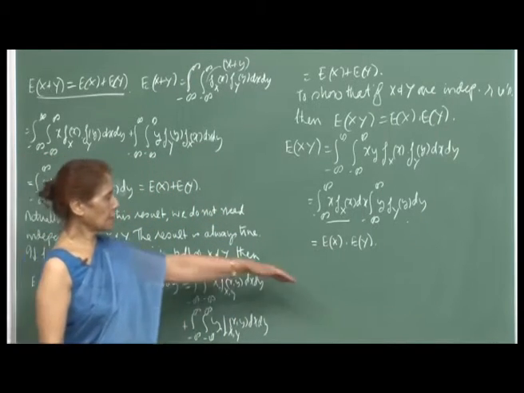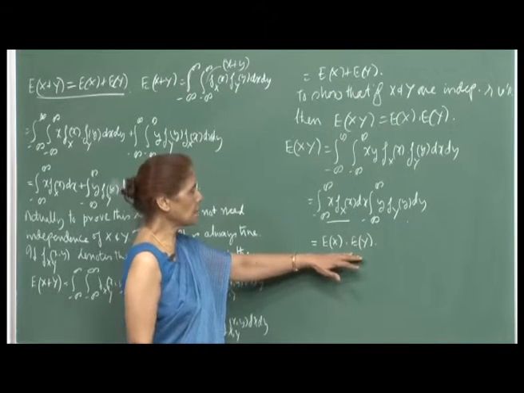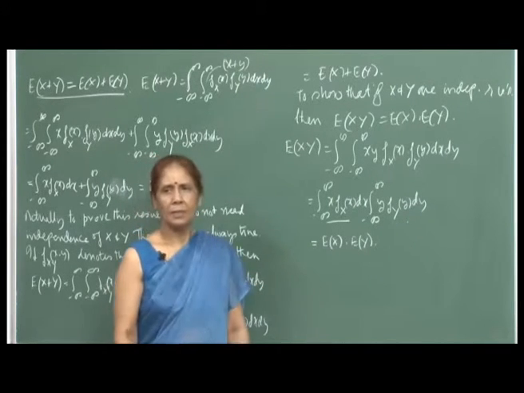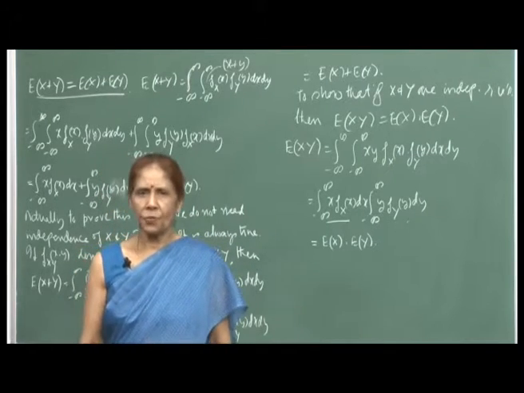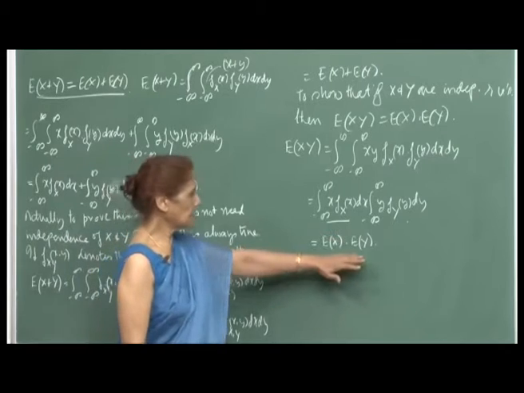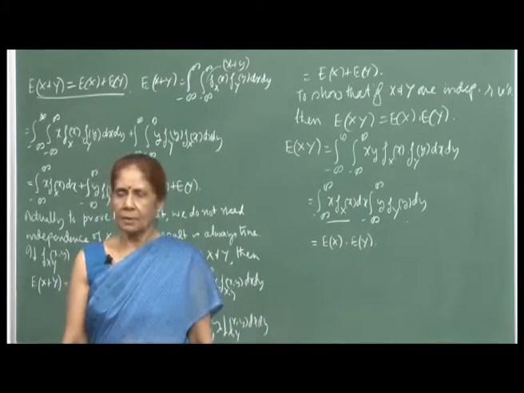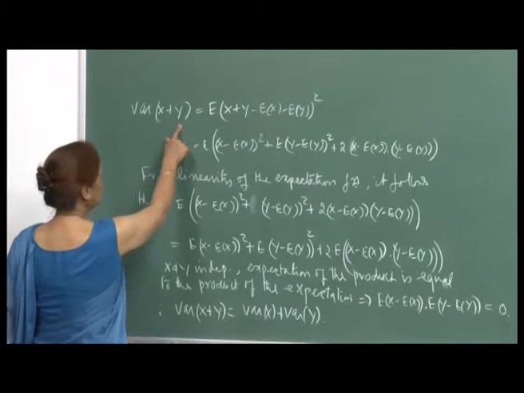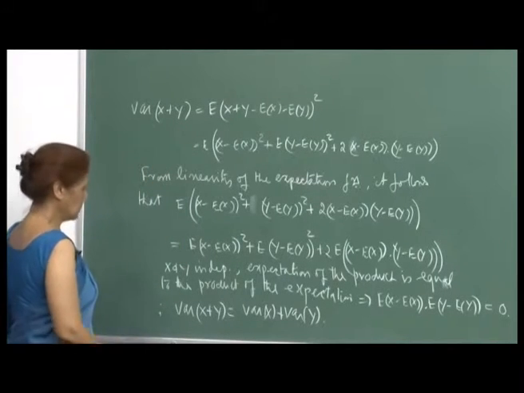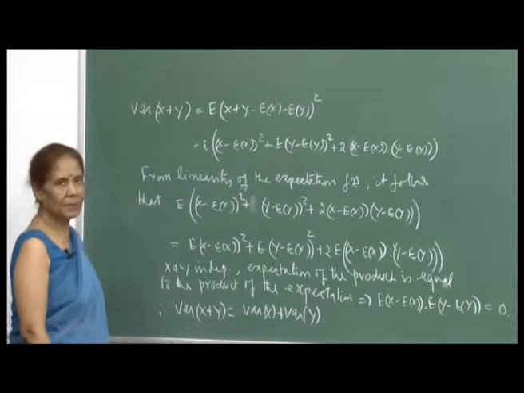And this result I will now use in showing that, under independence, the variance of x plus y is equal to the variance of x plus the variance of y, which holds only when x and y are independent. So, once we have shown this result, we can now derive that result. To compute the variance of x plus y, we will require the result that I have just given, and we will use independence of the variables x and y.